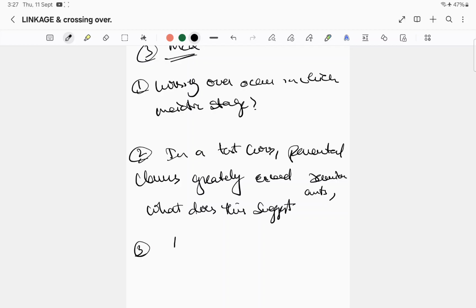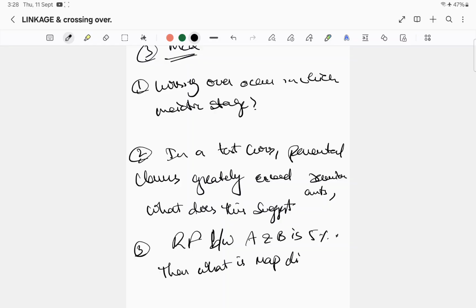I will come to the third question. Recombination frequency between A and B is 5%. Then what is the map distance?